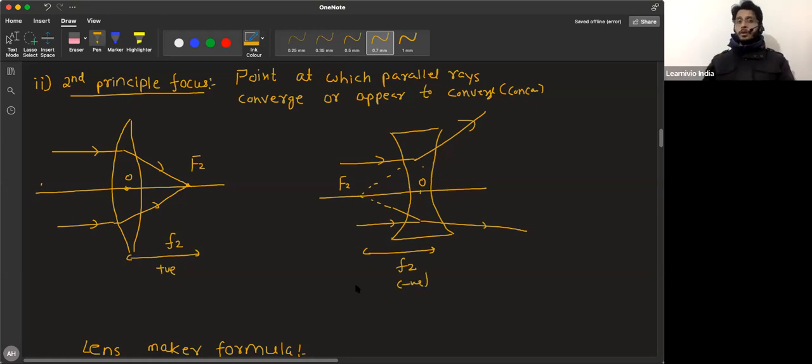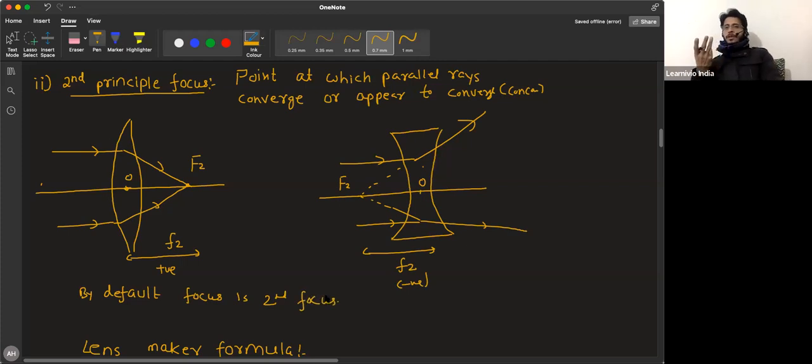So by default, focus is the second focus. Whenever we talk about the focal length of a lens, that means the second principal focal length.